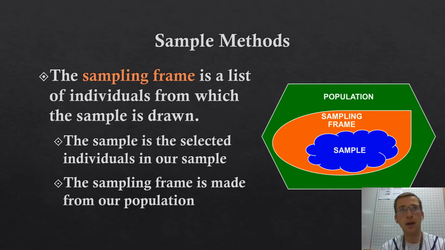So for example, if I want to know more about people in the United States, and my method is to gather data using the internet in some way, my sampling frame would include those who have internet. Now that doesn't mean I'm going to survey everyone in the US that has internet. That's not realistic. But because of my methods, that would limit the sector of the population that could potentially be in my sample. So from that sampling frame, that's where we actually draw our sample from at random.